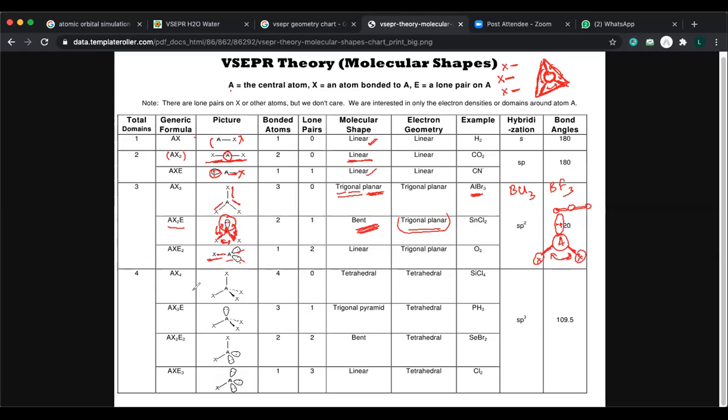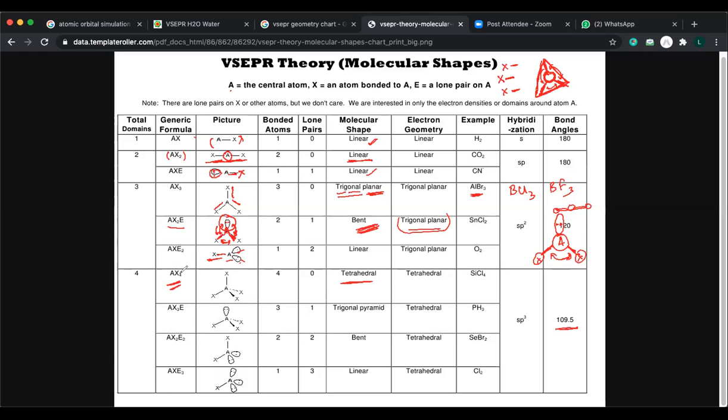Then when you have four pairs of electrons, this chart is not even complete anyway. If all four of them are bond pairs, then it's going to be perfectly symmetrical. It's going to arrange itself in a tetrahedral shape, and the angle is going to be 109.5 degrees.